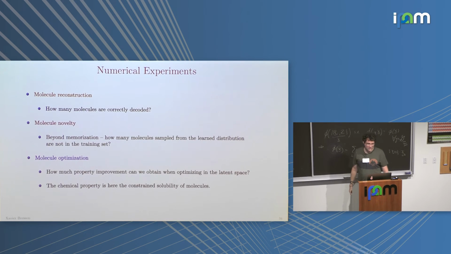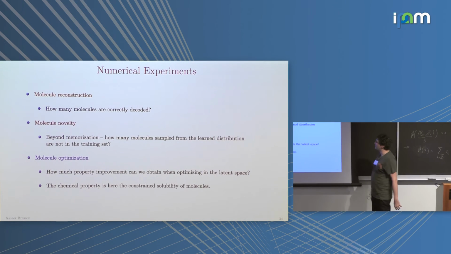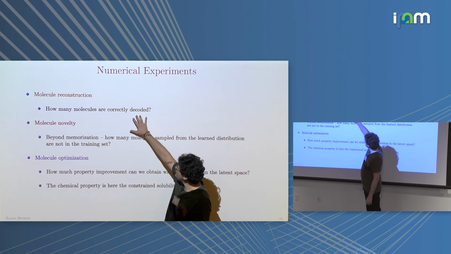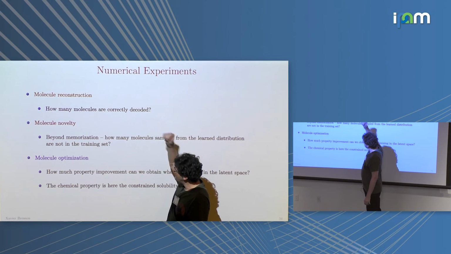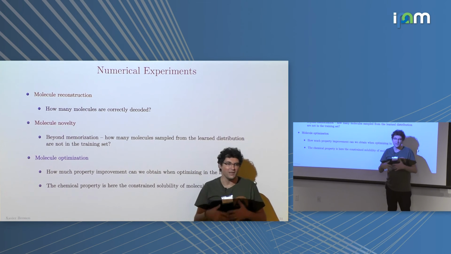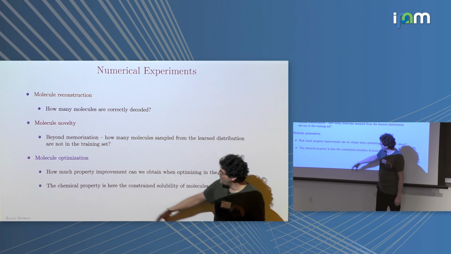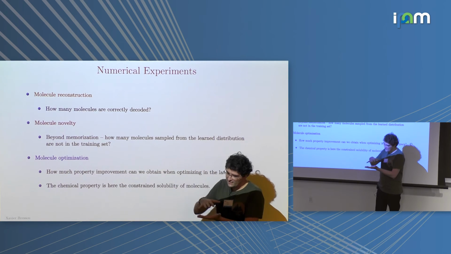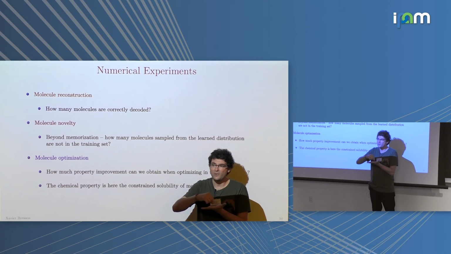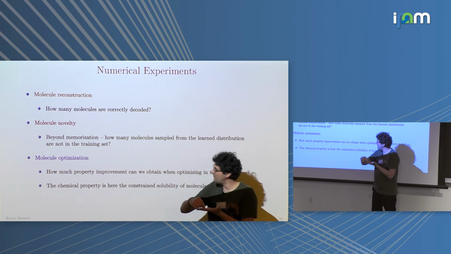And the numerical experiments we do, they are very standard. So we do molecule reconstruction. So how many molecules are correctly decoded? Molecule novelty. So we sample from the distribution how many new molecules we get. And we do molecule optimization. So we stay in the latent space. We move in the latent space in such a way that we increase property value.